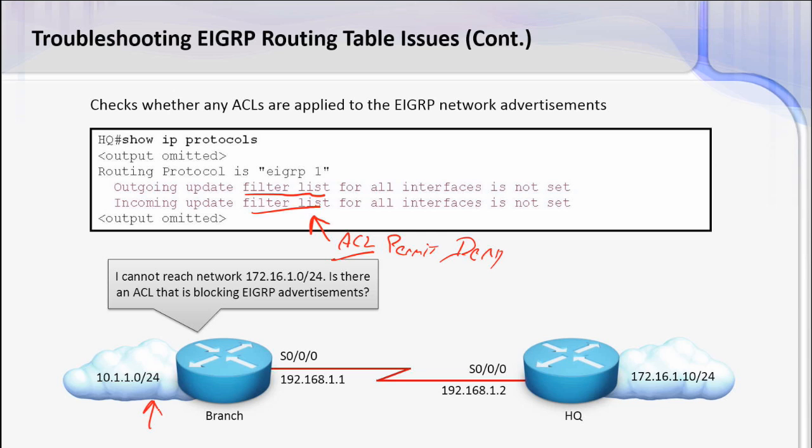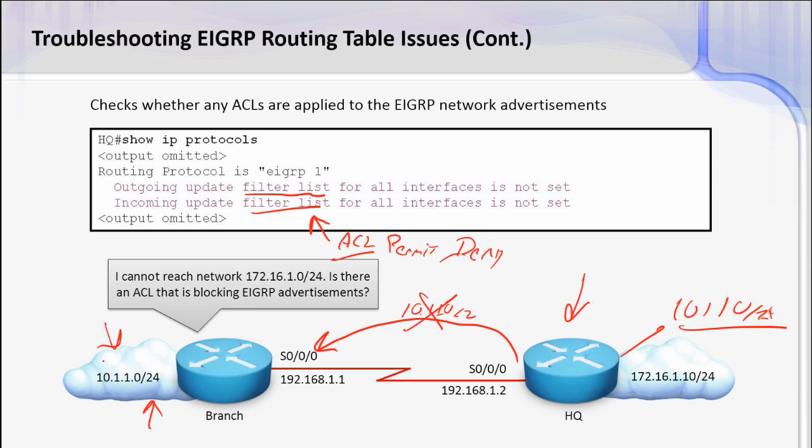So if I've got the 10.1.1.0 network over here, and this is a company that we just acquired, and they also have 10.1.1.0 over there, IP address overlap happens pretty regularly, I could create a filter that says, go ahead and form an adjacency with that guy. But if he tries to tell you about 10.1.1.0, don't believe him, because we've got the 10.1.1.0 we want over here. So we can use filter lists to allow or deny certain networks to be advertised to other neighbors.